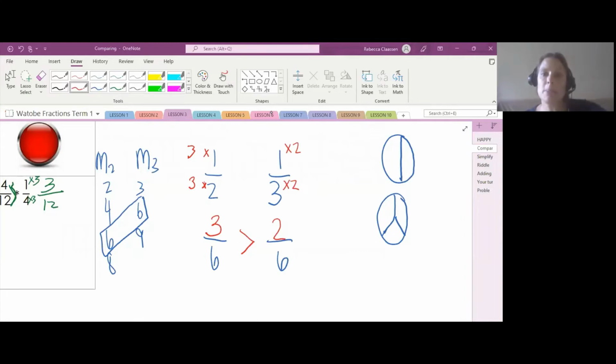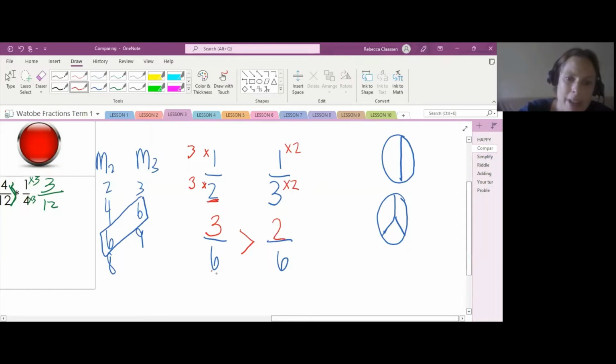So multiplying the numerator and denominator is purely because we changed the 2 into a 6. So this 2 became a 6, but it wasn't by magic. We changed the 2 into a 6 by using some maths. How did we get the 2 into a 6? Well, we went times by 1, 2, 3.